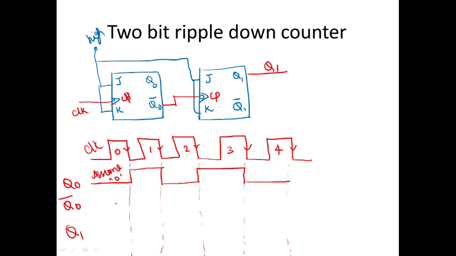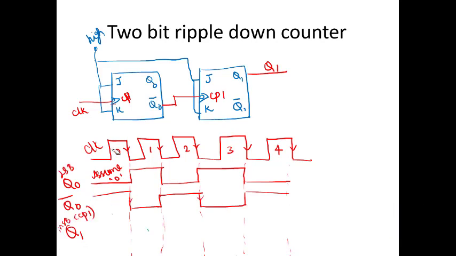So how will be your Q0 bar? It's just the complement of this. When this is 0, this has to be 1, so it is just the complement. Now this will act as your clock.